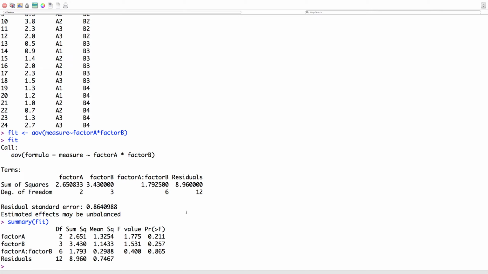Now, the next thing I'd want to do probably is look at the interaction plot. And I'm always going to put the factor that's smallest first.